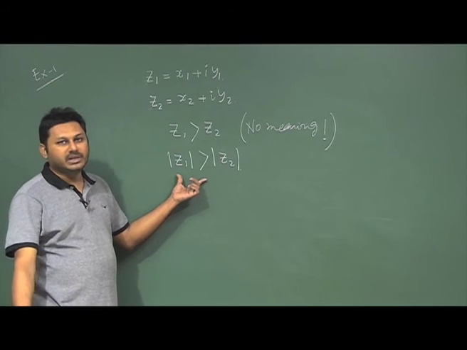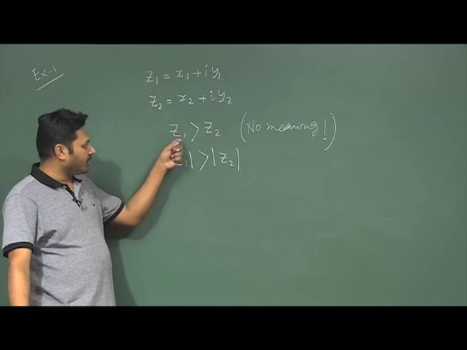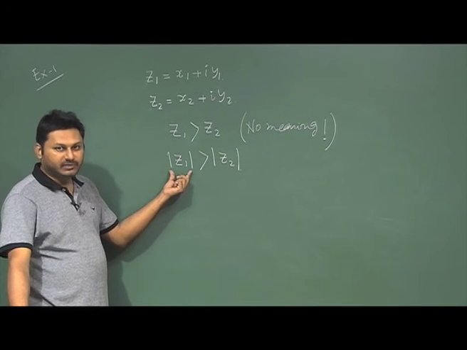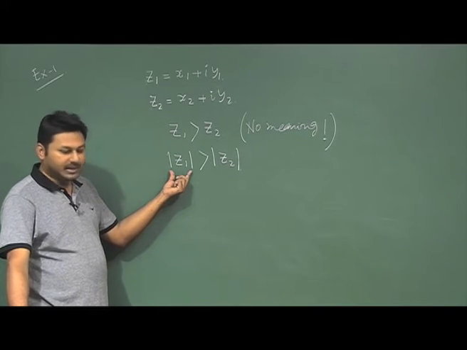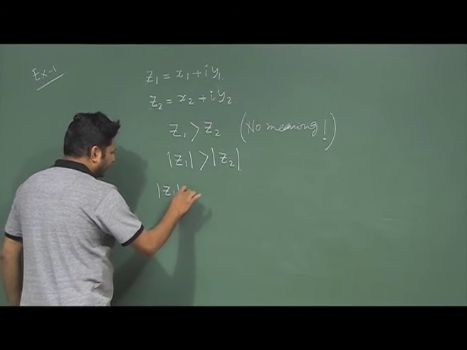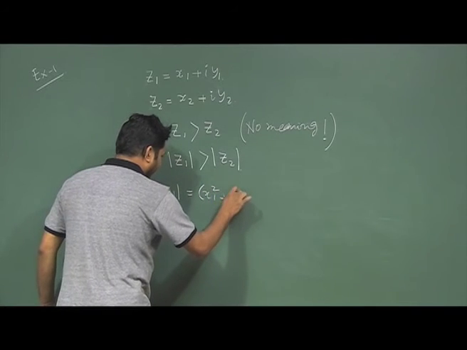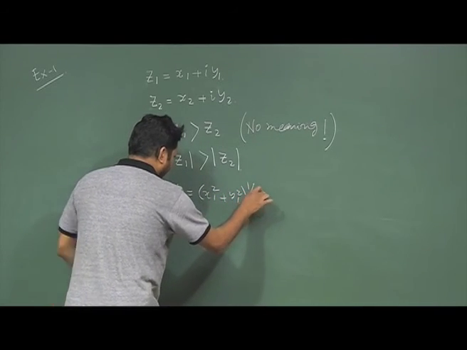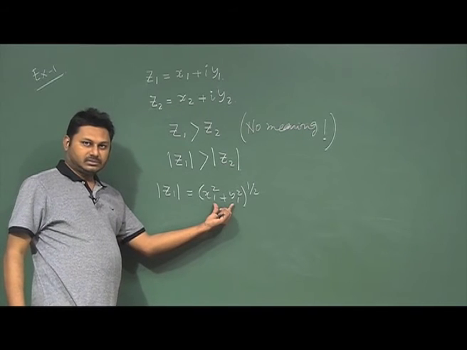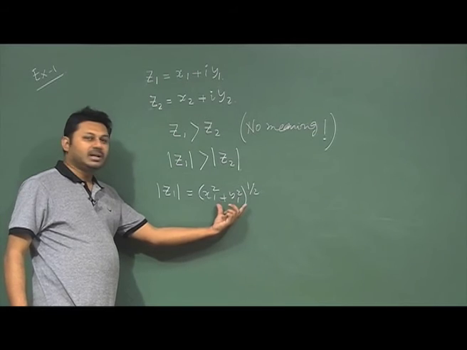However, mod z1 greater than mod z2 is a much more meaningful thing. Why? Because mod of z is not a point, mod of z is some kind of length, a real quantity, as I mentioned before. So, what is mod z1? It is x1 square plus y1 square whole to the power half. This quantity is real because x1 and y1 are both real, squared and taken to the power half.